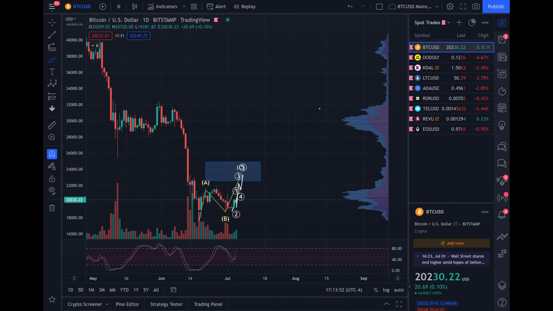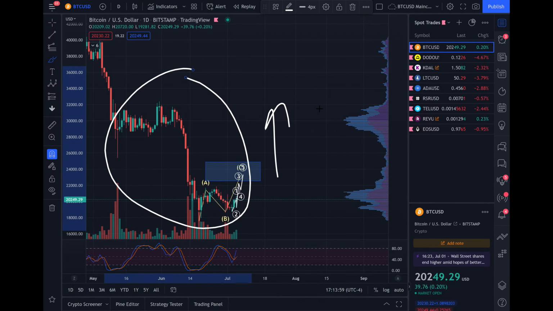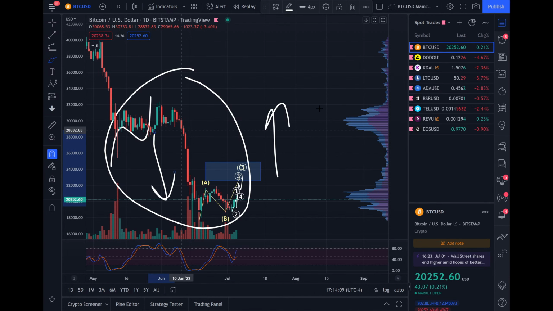I could be wrong about Bitcoin in that it may just blow through here, in which case I'm going to revisit my AB recursive consolidation reversal pattern, which states that an A wave cannot be associated with a B wave that extends beyond the 1.618.